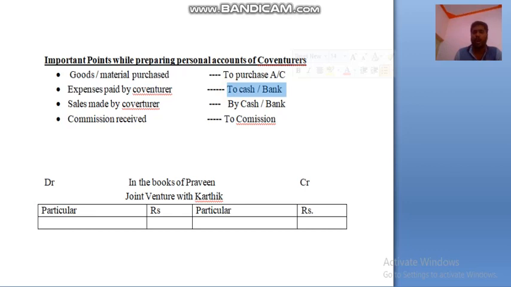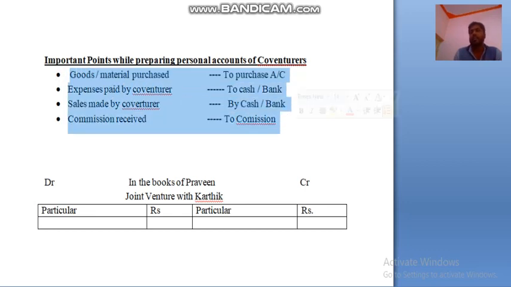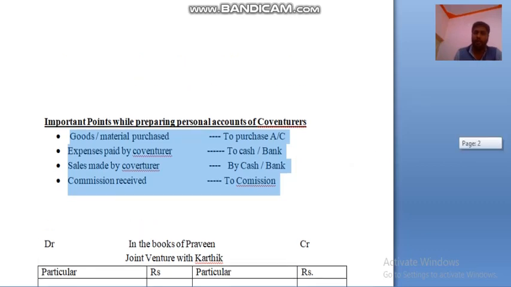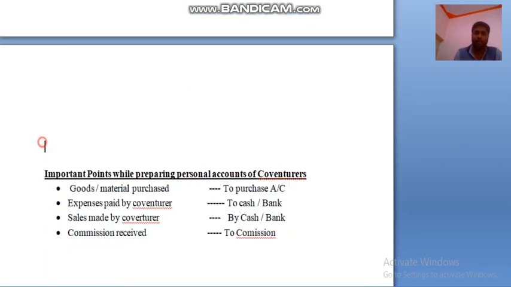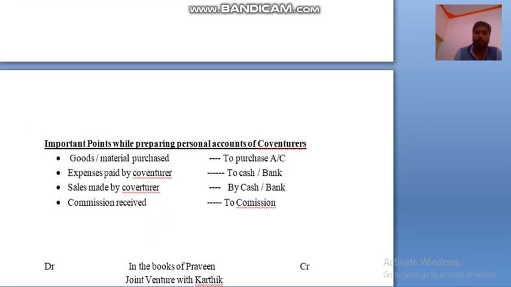Any sales made by co-venturers should be credited with cash or bank. And any commission received should be debited with commission. Keep these in mind while preparing the personal accounts of co-venturers. First, I will prepare the personal account of Praveen.